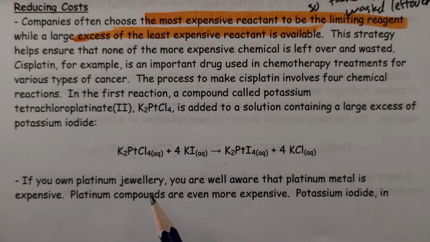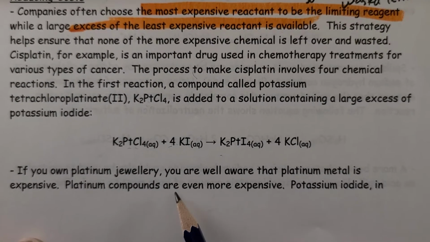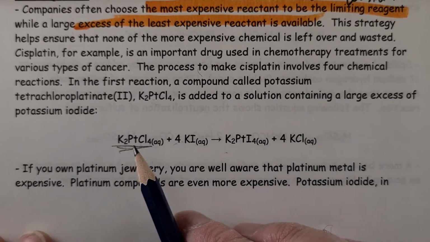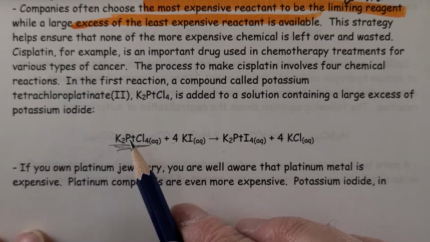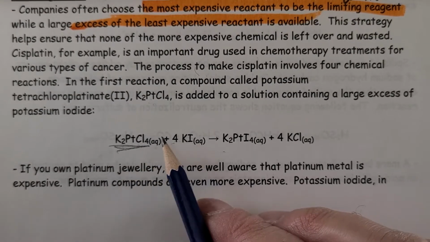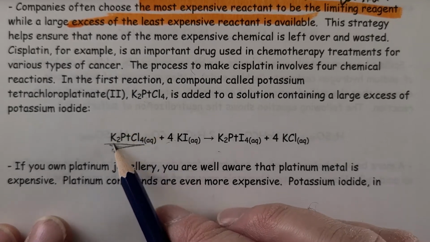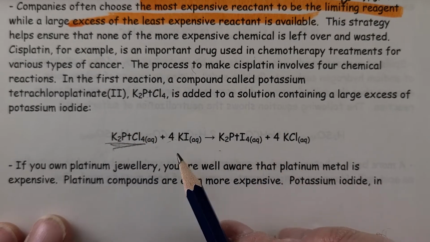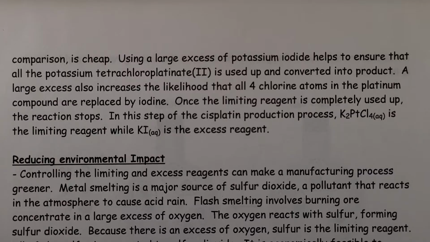If you own platinum jewelry, you know that platinum metal is expensive. Platinum compounds such as this are very expensive. So as we'll see here, we'd likely want this to be the limiting and this to be excess, because we want to make sure that all of this gets reacted to produce what I want it to produce, and that none of it is wasted.